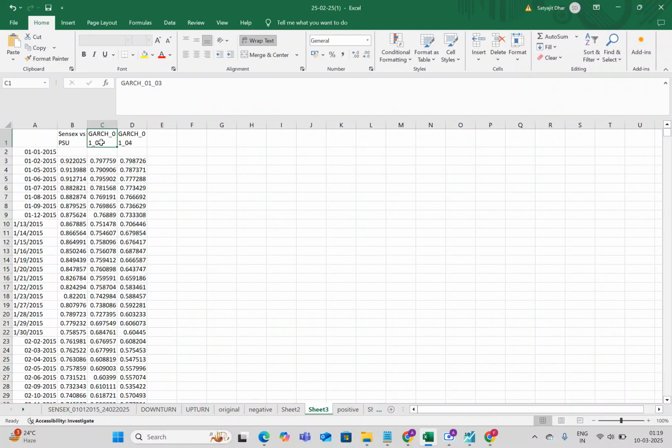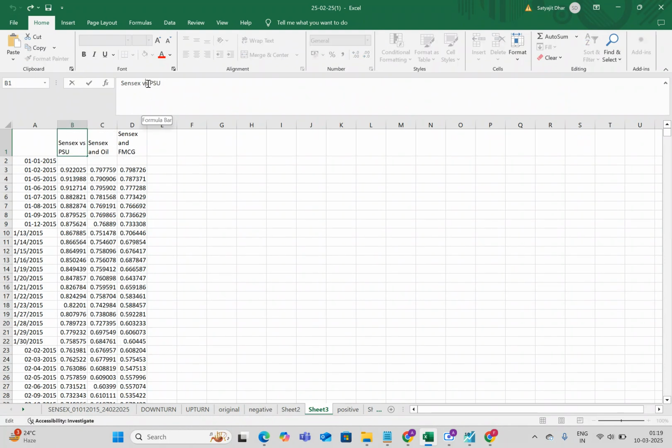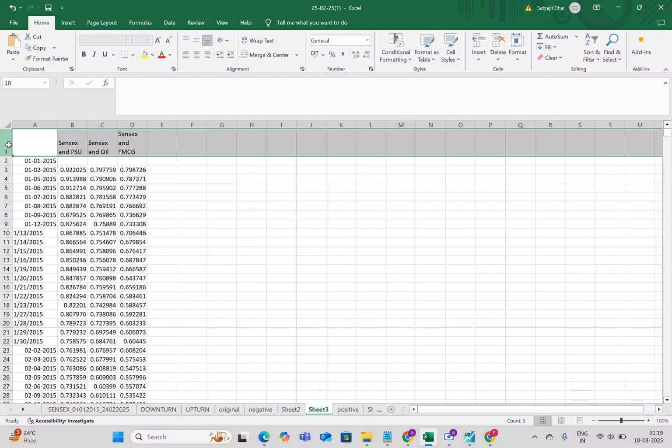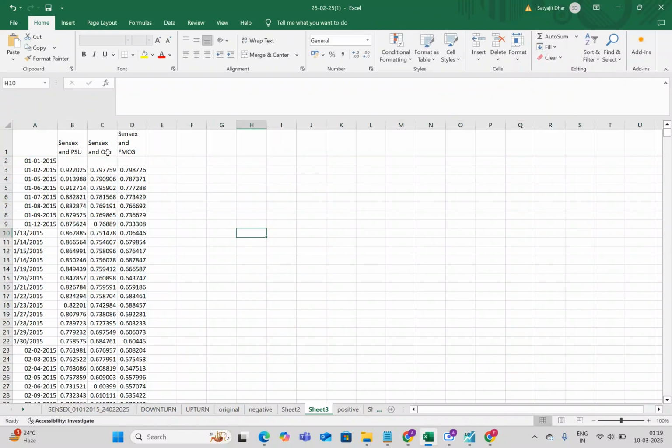Then 1 3 is Sensex and oil, and 1 4 is Sensex and FMCG. Okay, so this is date.